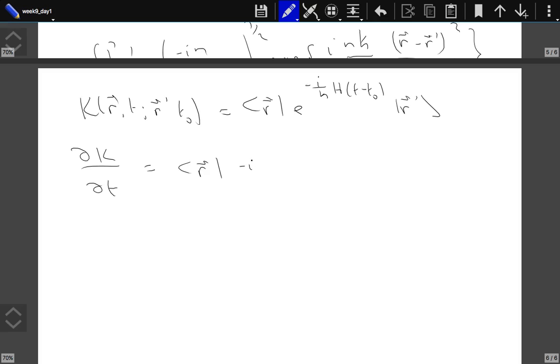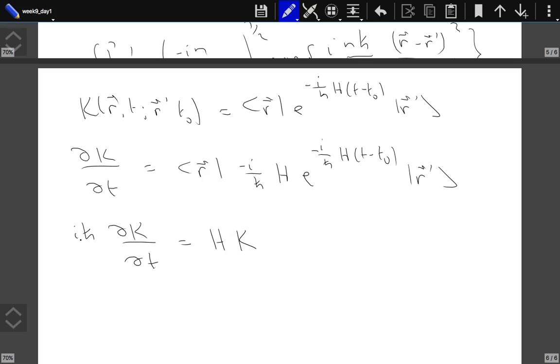I get <r| (-i H/ħ) e^(-i H (t - t0)/ħ) |r prime>, or iħ ∂K/∂t is equal to, I will just write it as HK.